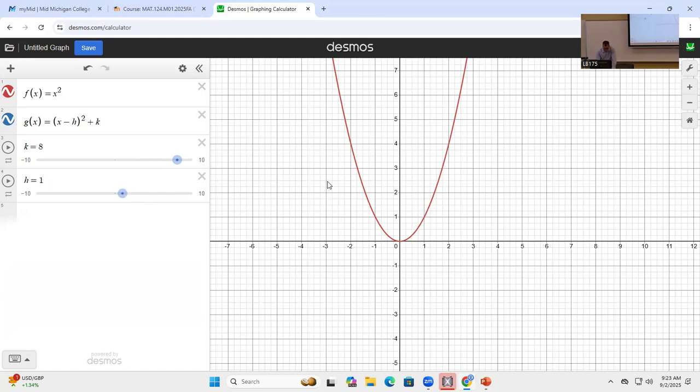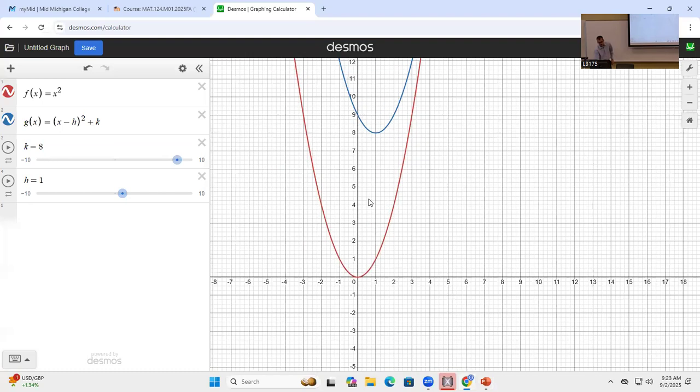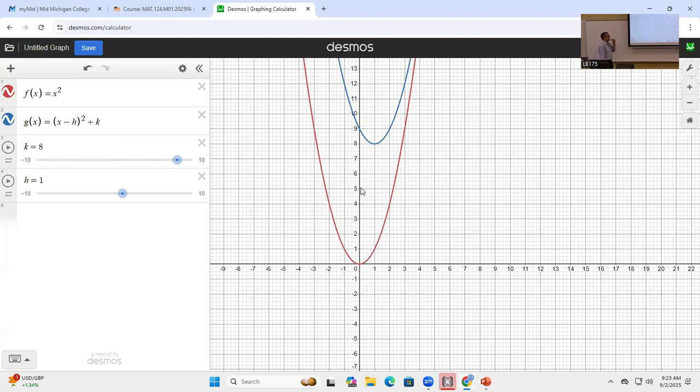there we go. Through graph. And you can graph on the TI-83 as well. It's perfectly fine. But there it is.